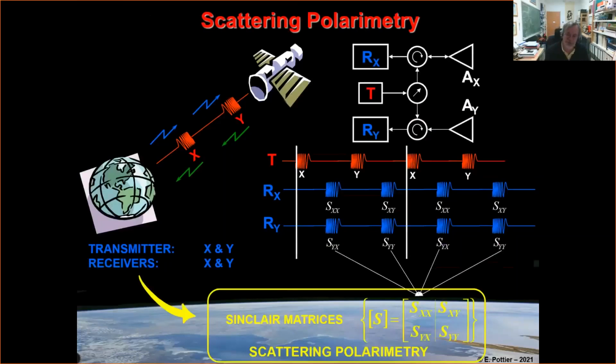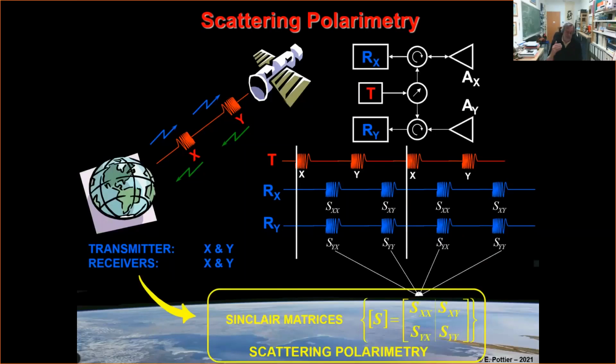In the previous architecture I showed before, I transmit the wave using the horizontal antenna, but I can also do it using the vertical antenna. So I can transmit either with the horizontal antenna or with the vertical antenna. So the idea was to include here the switch, the famous switch.